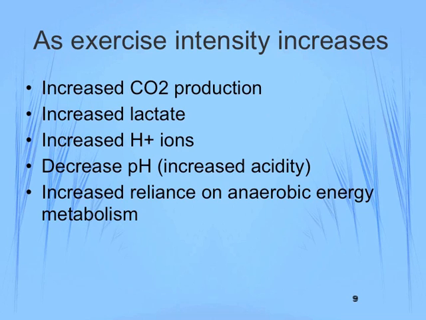We have an increase of hydrogen ions and start to have a decrease in pH. And when we start moving out of our oxidative energy production and more into glycolysis or anaerobic energy production, that's when we're going to have this accumulation of hydrogen ions and decreased pH, and that's going to result in muscle fatigue and the decreased ability to continue exercise.